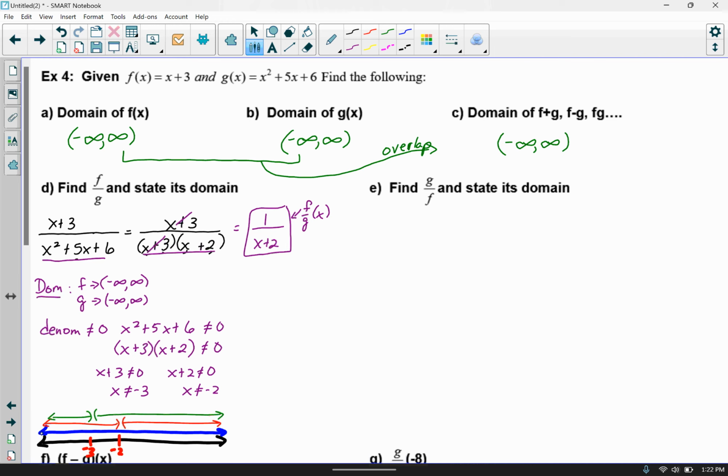So it would be negative infinity to, hopefully you agree, negative 3. Then I'm going to go from negative 3 to negative 2. And then the last leg of the graph, negative 2 to the right forever, so negative 2 to infinity. Box that in. That's my domain.